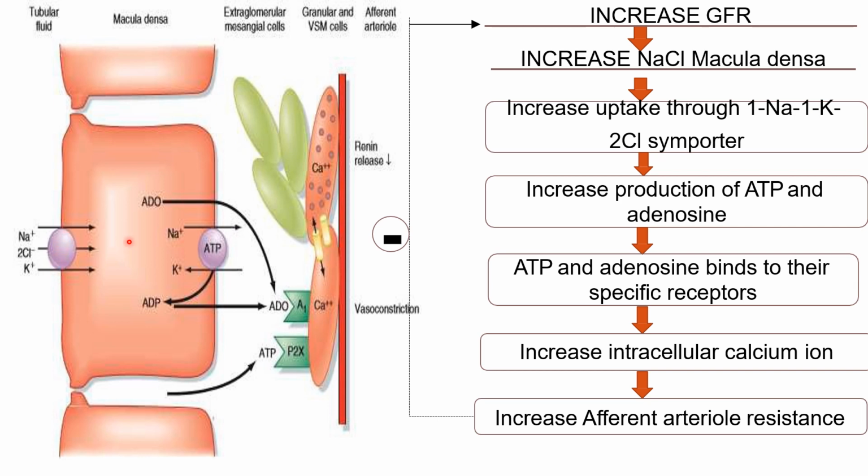Sodium chloride is taken up into the cell, and production of ATP and adenosine increases. These bind to their specific receptors, which again leads to increased calcium concentration inside the smooth muscle cell, leading to increased afferent arteriole resistance, that is again vasoconstriction. So this is the detailed description of the myogenic mechanism.